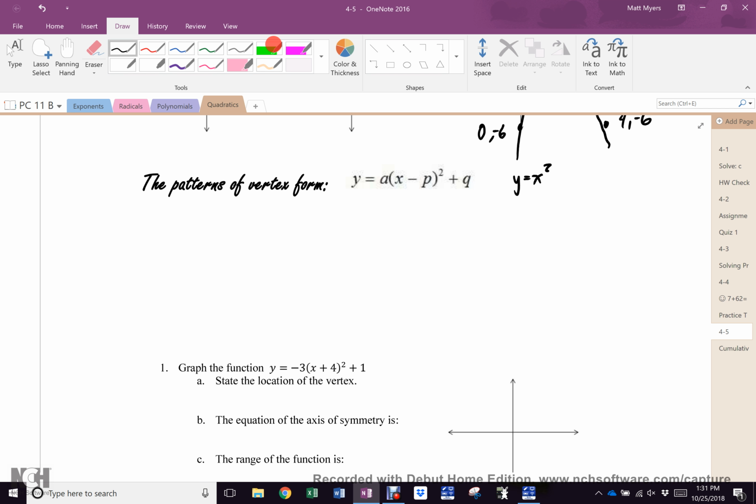There is this adjustment. There is this adjustment. This adjustment. And this adjustment, correct? The first adjustment, what does the A do? We just did 2 of these. What did the A do?